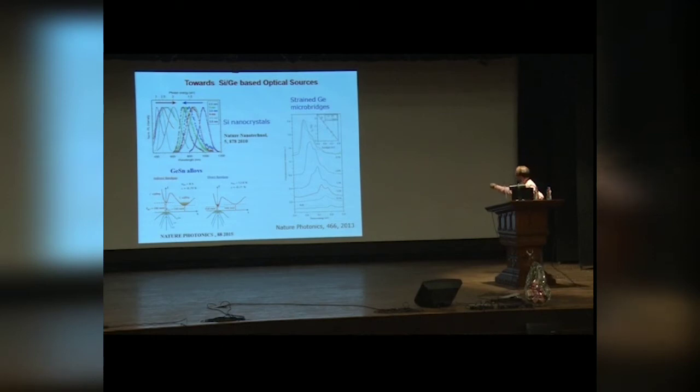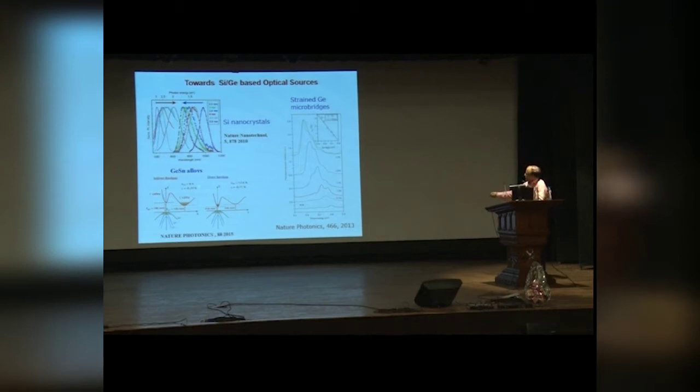So that was actually shown by this group. Or even the latest one is to try to make a germanium tin alloy, because tin is a direct band gap semiconductor. On the other hand, if you put some tin in the germanium lattice, they are very, very strongly lattice mismatched, so you get a huge amount of strain.